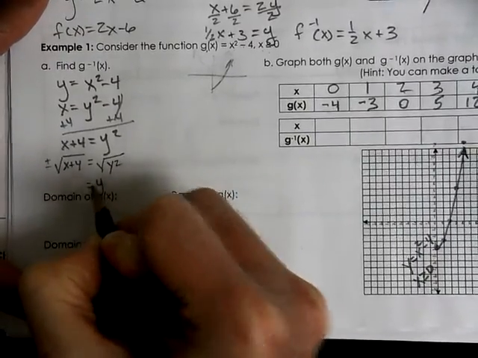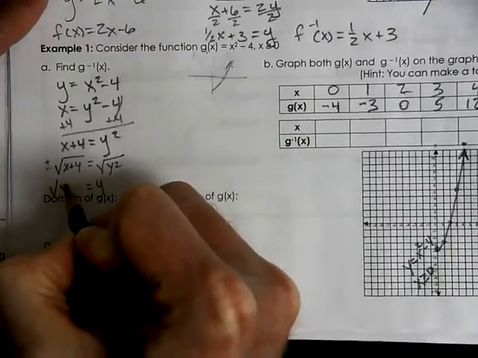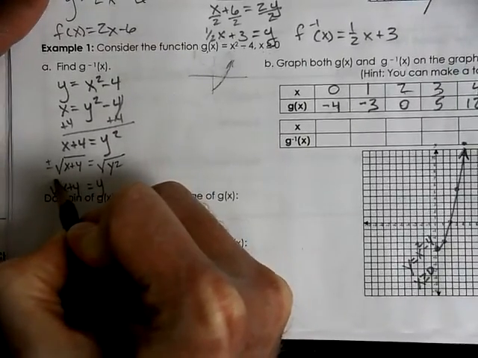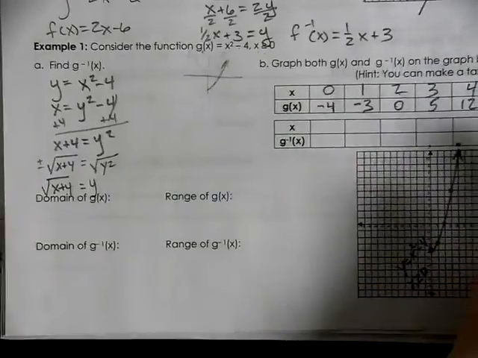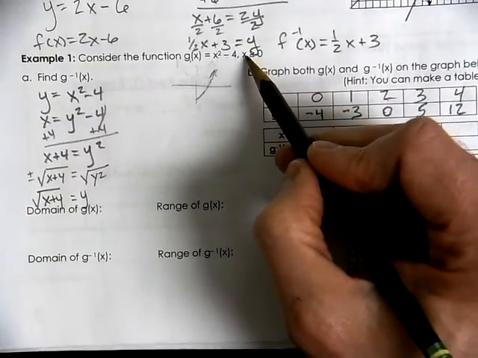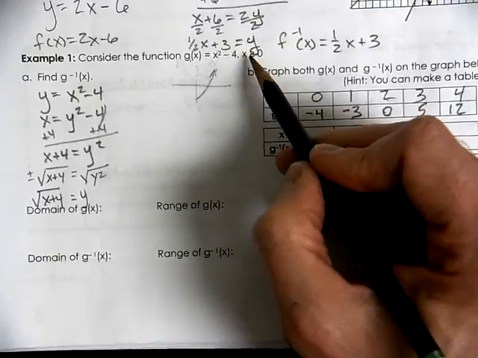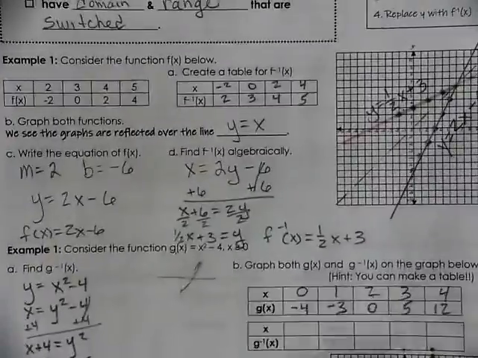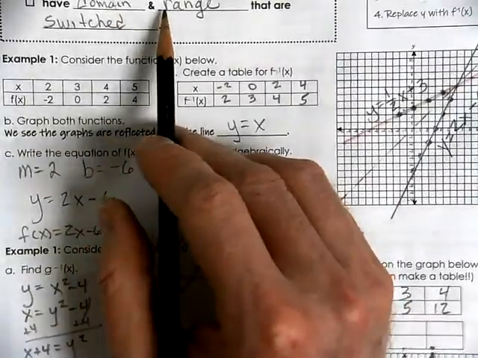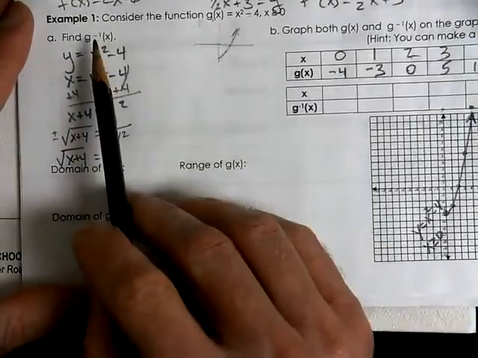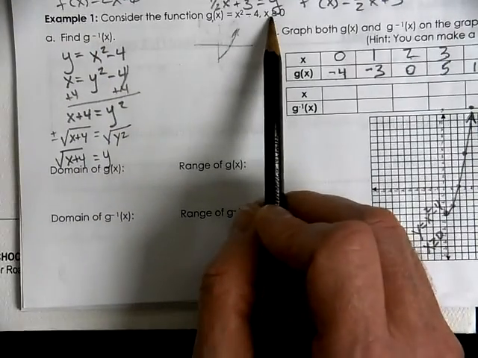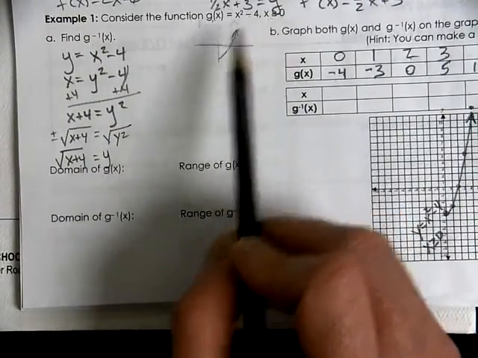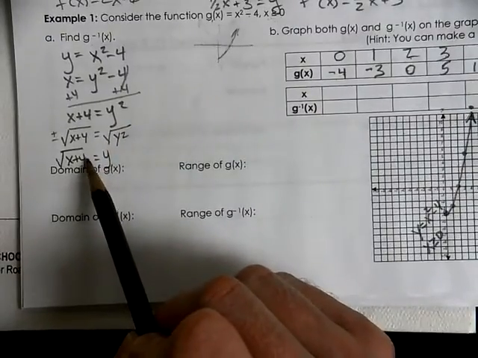So we're going to have y equals the square root of x plus 4, because we'll only be dealing with our original domain. We talked about here that the domain and the range get switched. So as we begin to come to our inverse, what used to be the domain was greater than 0. Now our range is greater than 0.